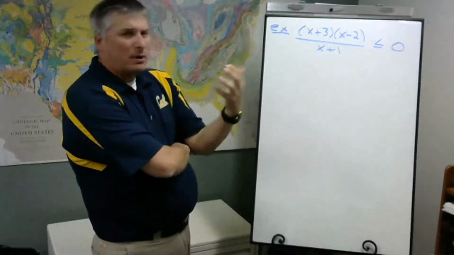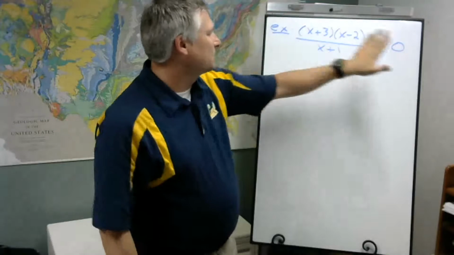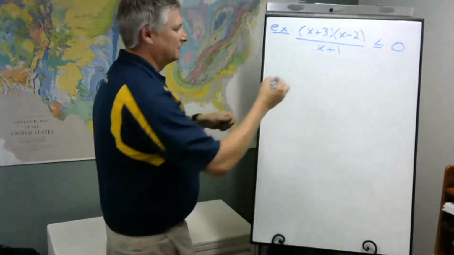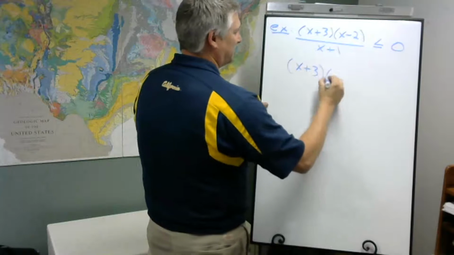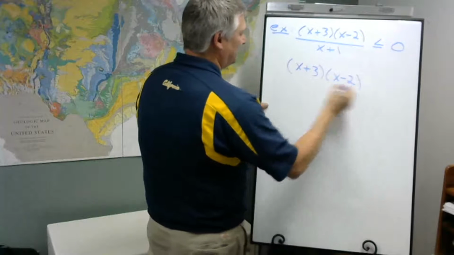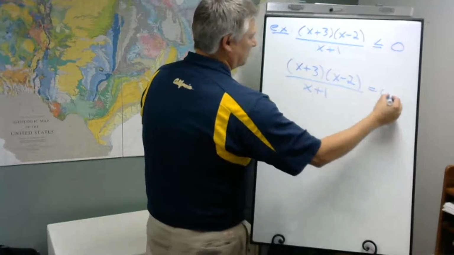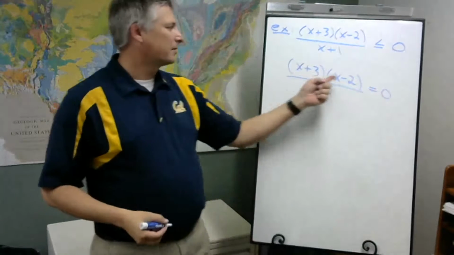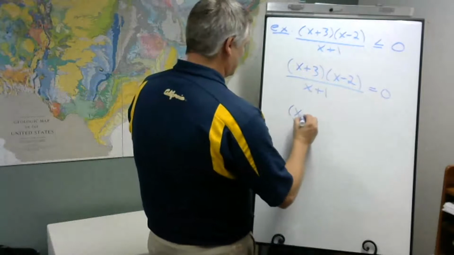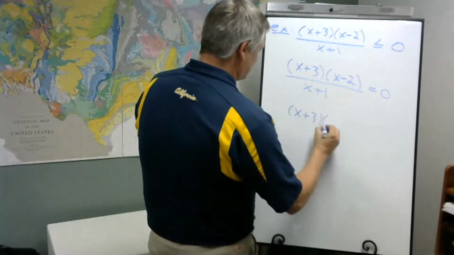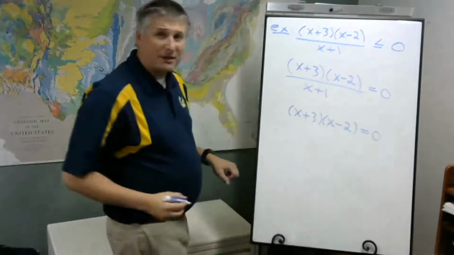Well, again, we want to see where this is equal to 0. You can multiply both sides by x plus 1. And what you'll get, you set this equal to 0. Here, I'll go through this step again. But really what's going to happen is we're going to take this top part and equate it to 0. And so this will give us x-intercepts.